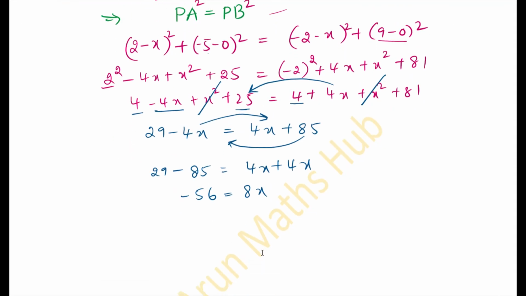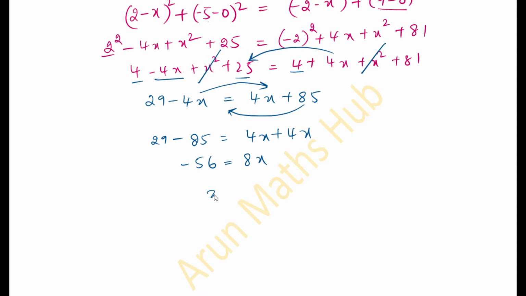Now we get x as what? x equals minus 56 divided by 8. What do we get? x equals 8 times 7 is 56. We get x as minus 7. Now we got x as minus 7.